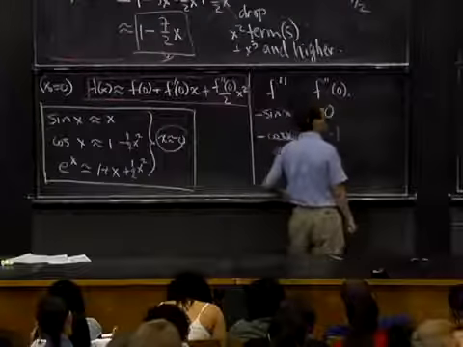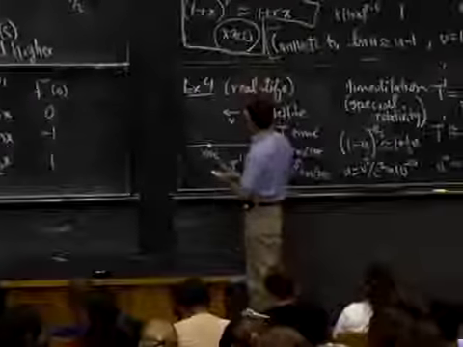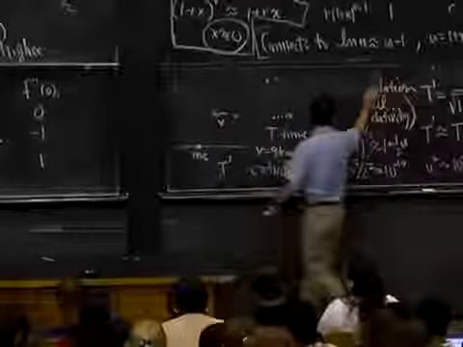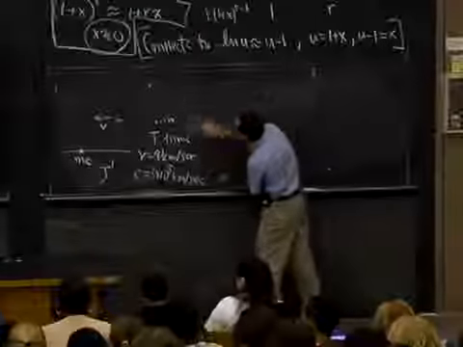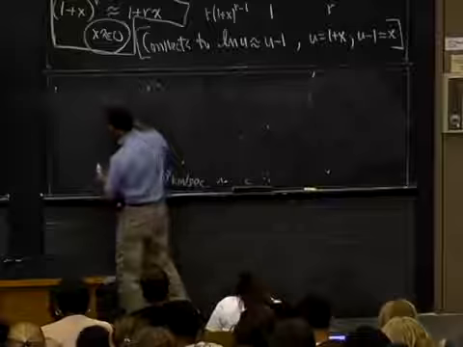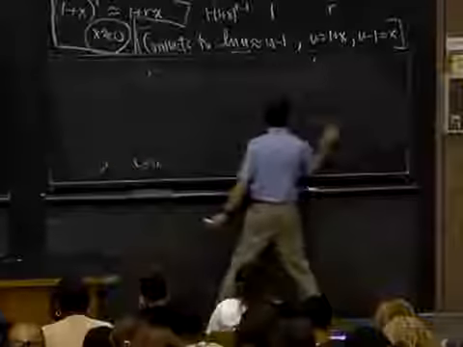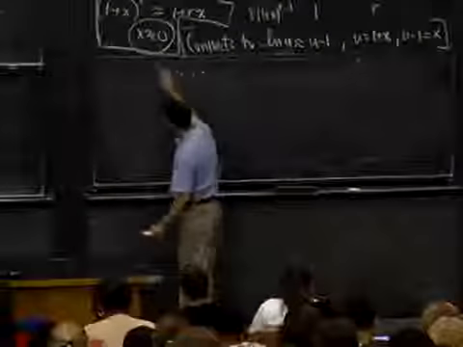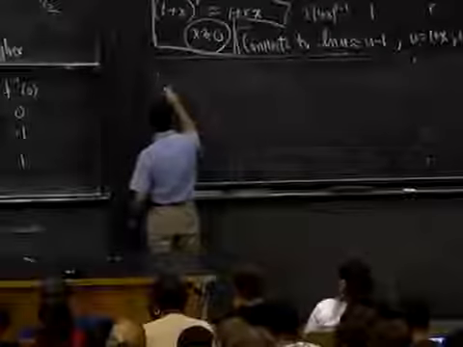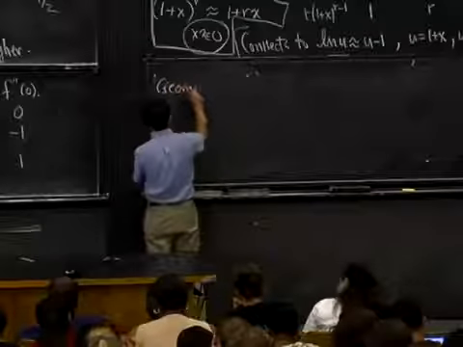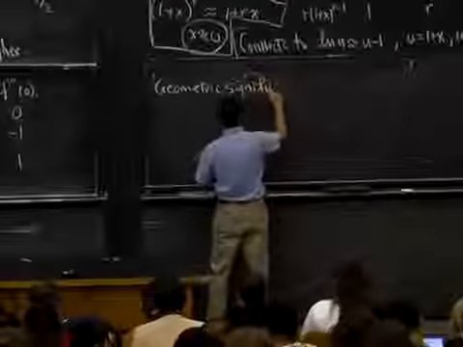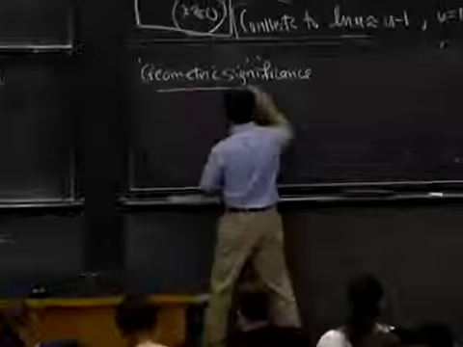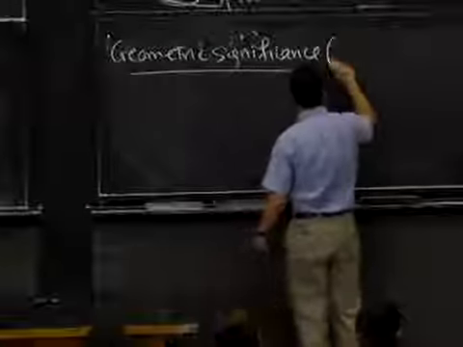Now, I'm going to finish these two in just a second, but I first want to tell you about the geometric significance of this quadratic term. So here we go, geometric significance of the quadratic term.